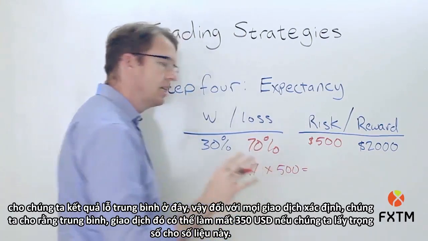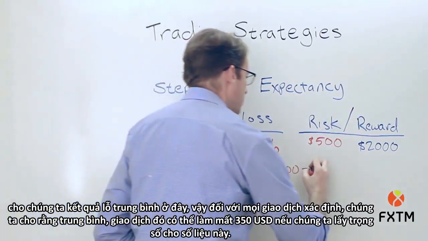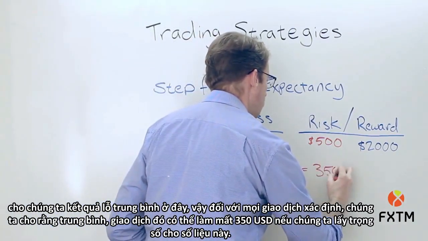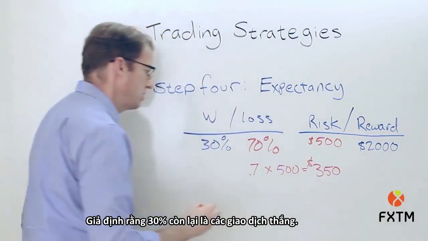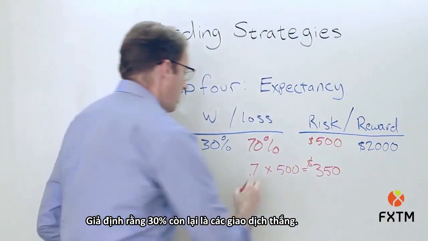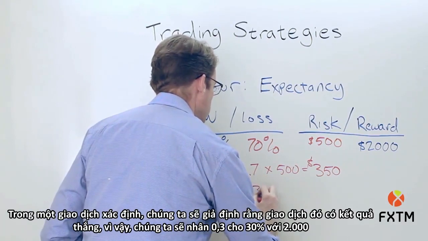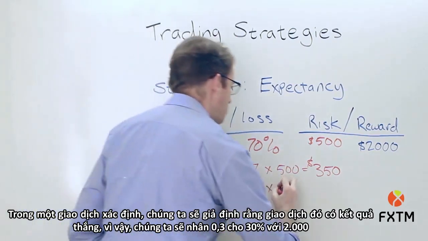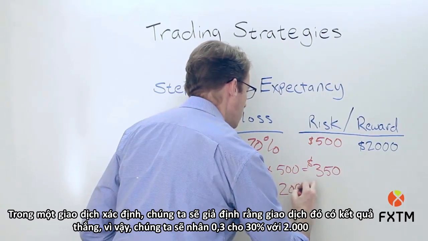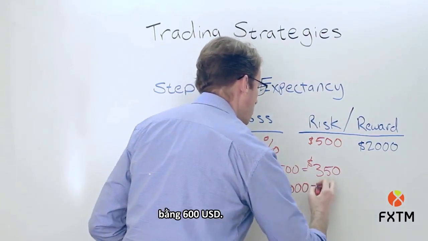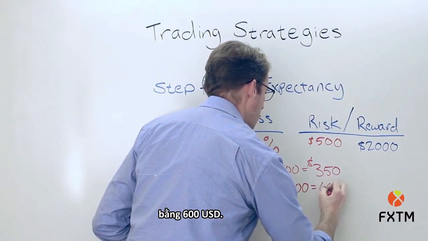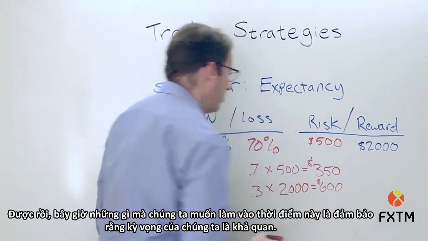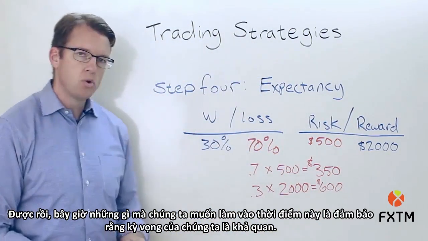So on any given trade, we think on average we're going to lose $350, assuming that the other 30% are winners. Now, for the winners, we multiply 0.3 for 30% times 2,000, which equals $600.